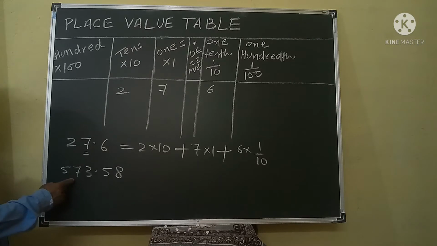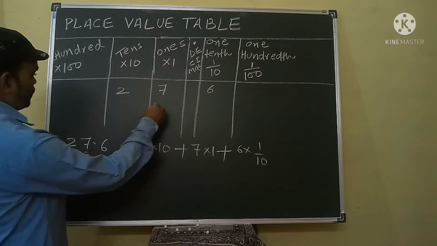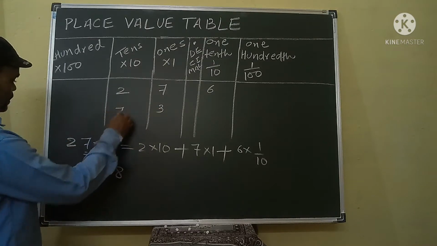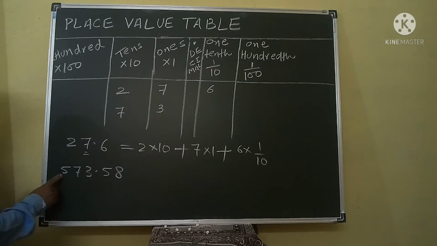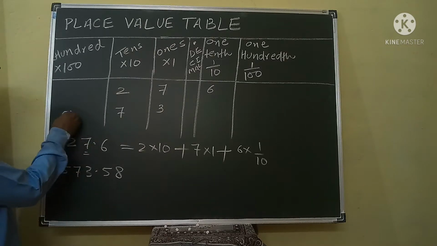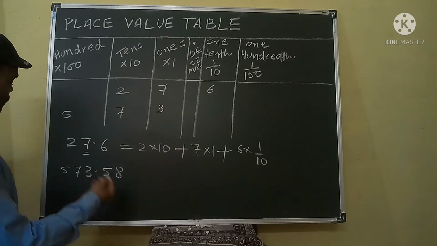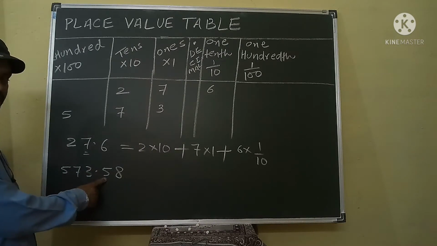On the left side, the first digit is 3, which is in the ones place. 7 is in the tens place. 5 is in the hundreds place.